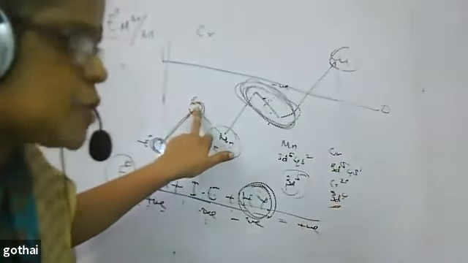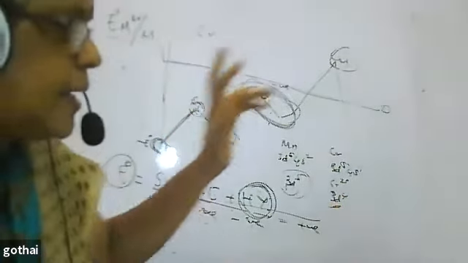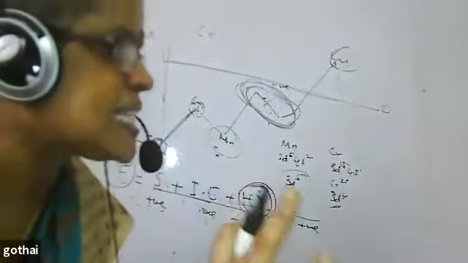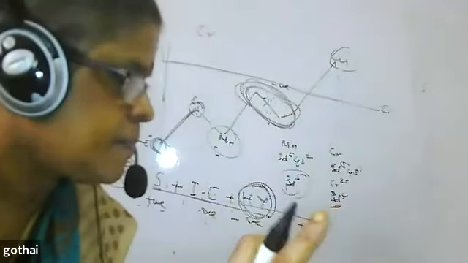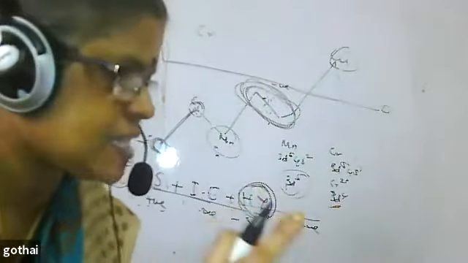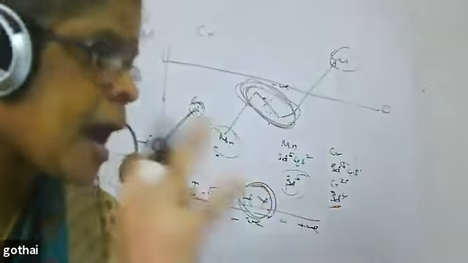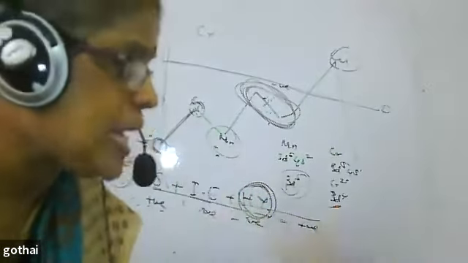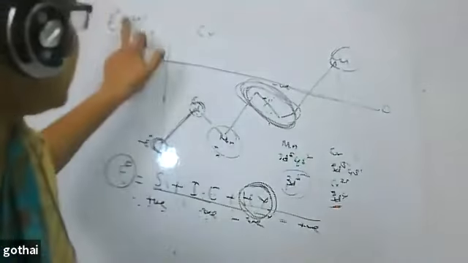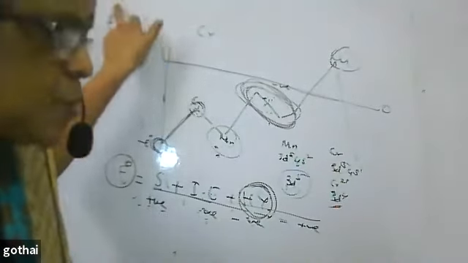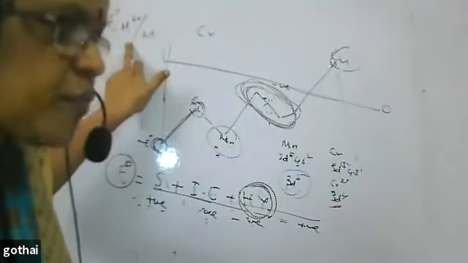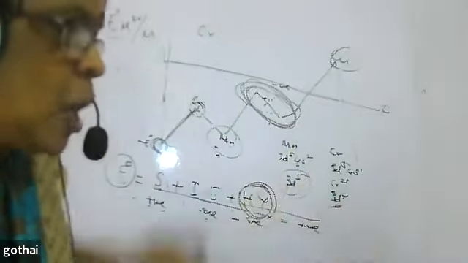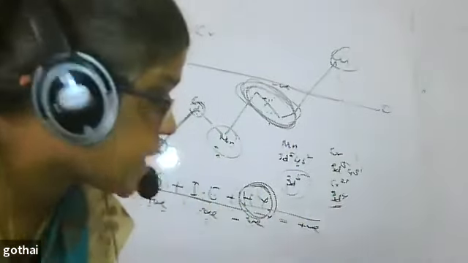When the E naught value is positive, when it is higher than the other value, then it acts as a very good oxidizing agent. The one whose E naught value is less acts as a reducing agent. Ma'am, CBSE talks only of reduction potential, because in E naught M2+/M, what happened? It gets reduced. So E naught value is a reduction potential. CBSE talks only in terms of reduction potential.